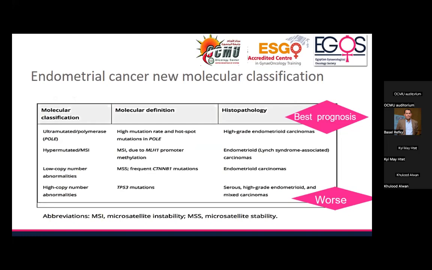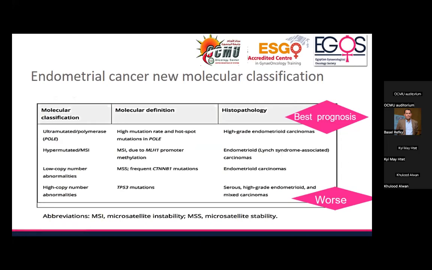If it is hypermutated with microsatellite instability, with mutation of the MLH1 promoter gene, this is endometrioid cancer, Lynch syndrome associated, with intermediate prognosis. If it is associated with low copy number abnormalities, this is microsatellite stable, MSS, endometrioid carcinoma. It also has intermediate prognosis.